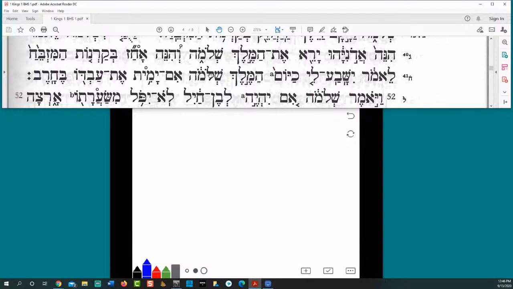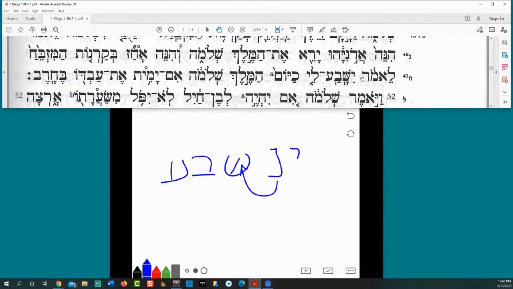Yishavali chayom hamelech Shlomo. So this is a Nifal imperfect. Actually, it's like a jussive here. Third singular from shava. The Nifal of shava means to swear, like swear an oath. So let him swear to me. We'll talk about this, but notice the nun is assimilated into the sheen here because you have a yud, a nun, right?